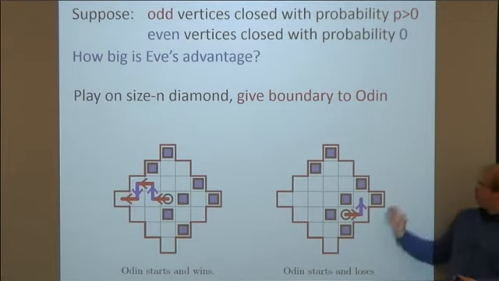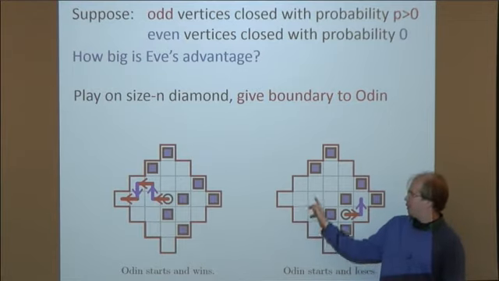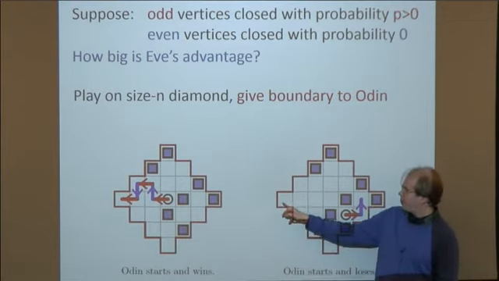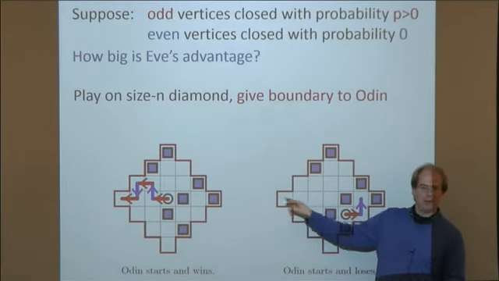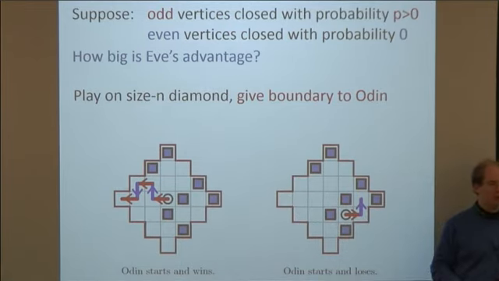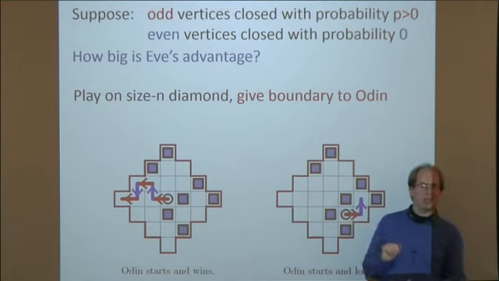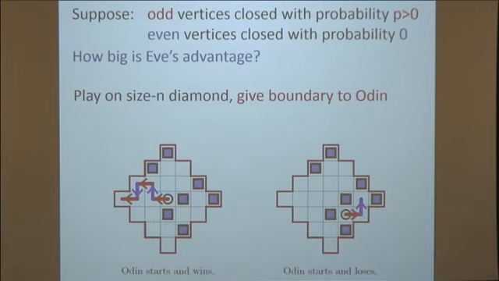So the external boundary vertices are ones that Odin moves to. Like if Odin moves to here, he's won. So basically Eve tries to win by using the closed vertices, and Odin tries to win by forcing Eve to the boundary. That's roughly what happens.